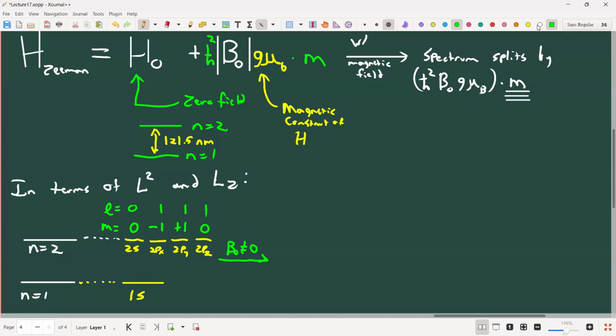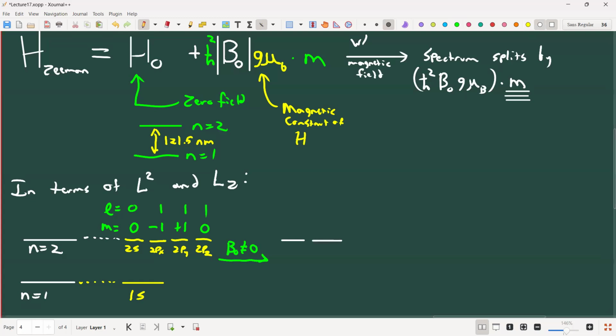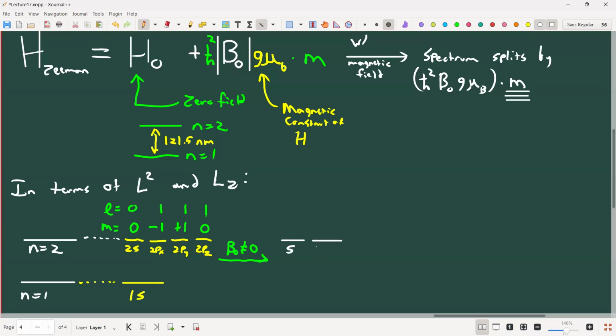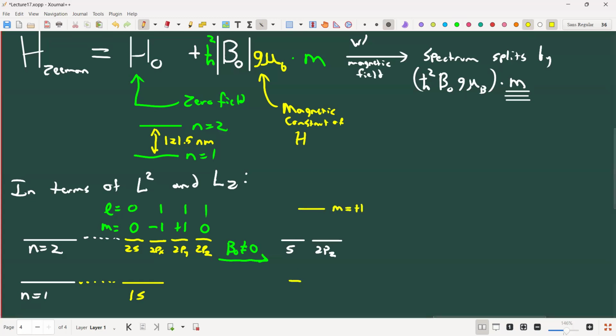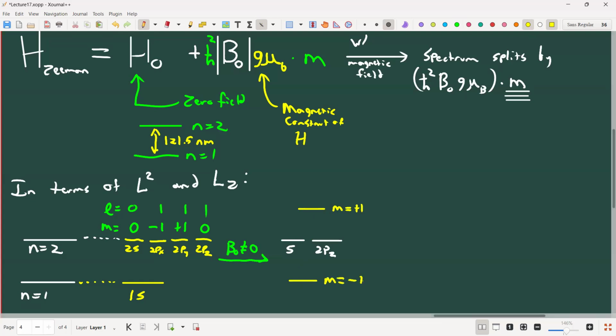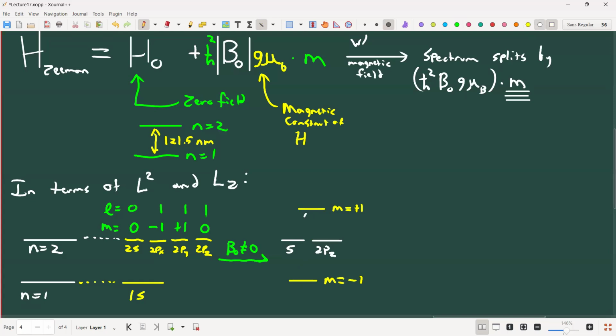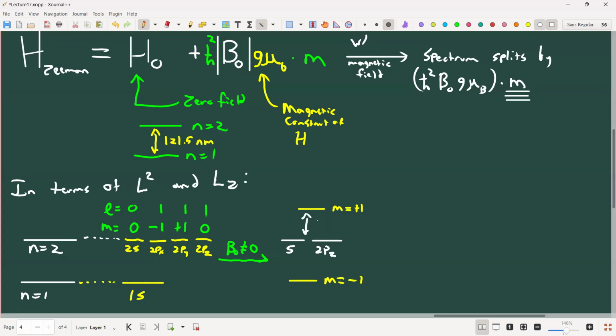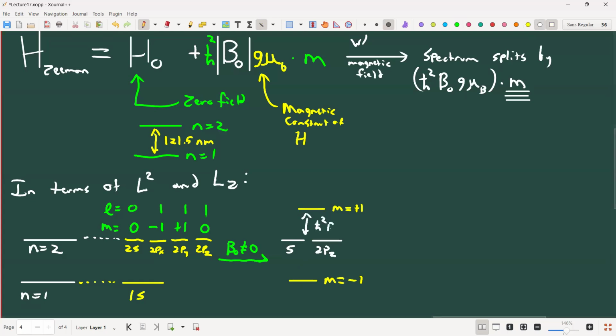So we get two states at the same energy, the s and the pz. Then the +1 state increases in energy, and the m equals -1 state decreases in energy. And the spacings between these is h bar squared v naught g mu B.